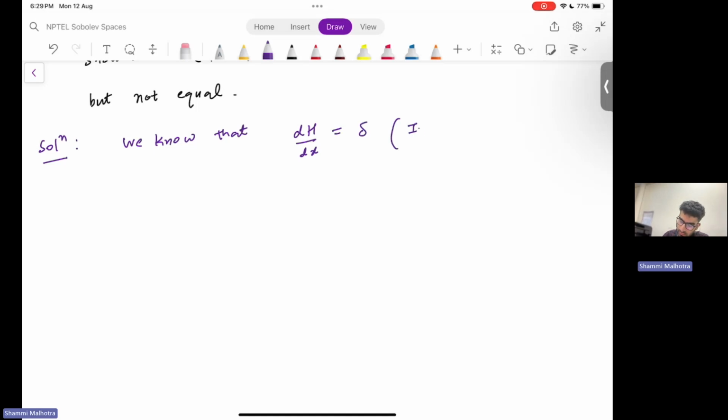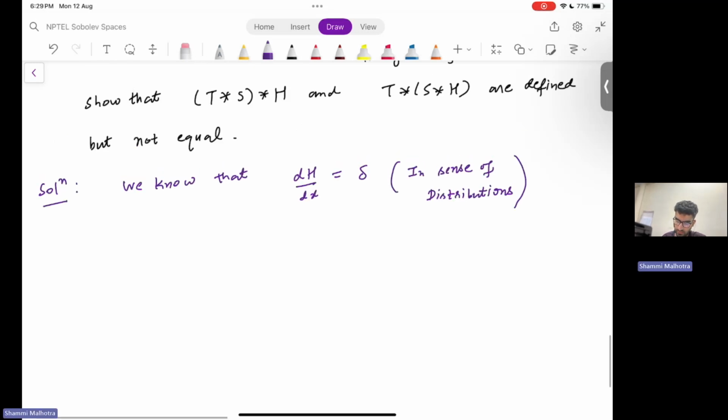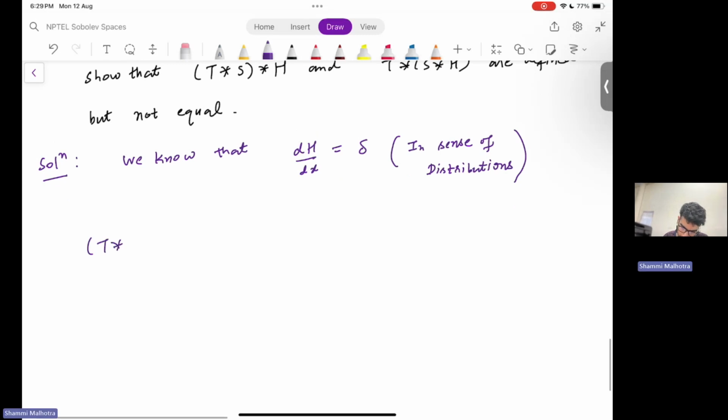So this is in the sense of distributions. We know that the derivative is this. So let us compute first the T star S star h.